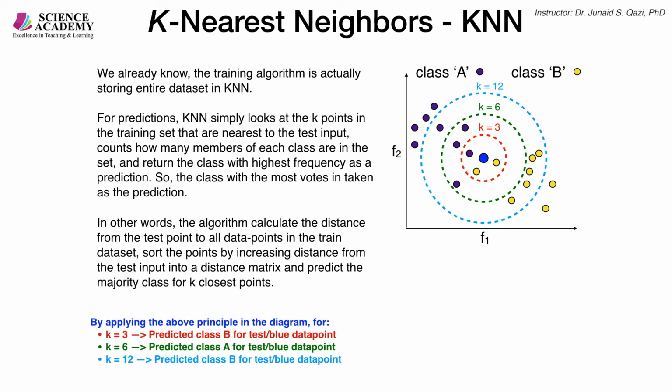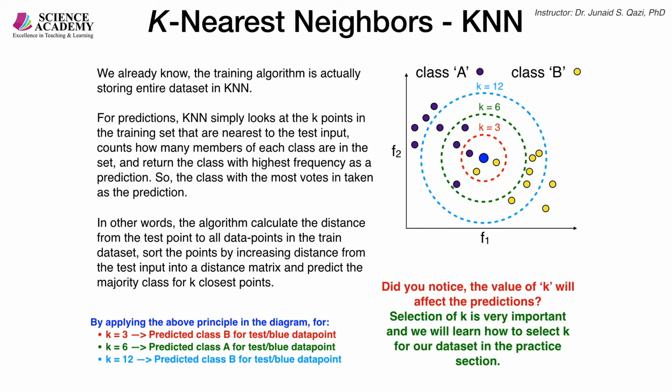Class A will get more votes and our predicted class for the blue data point will be A. Similarly, for k equal to 12, the predicted class for the blue data point will be B. So one very important thing that we have noticed: the value of k will affect the predictions. Selection of k is very important, and we will learn how to select k for our dataset in the practice section.